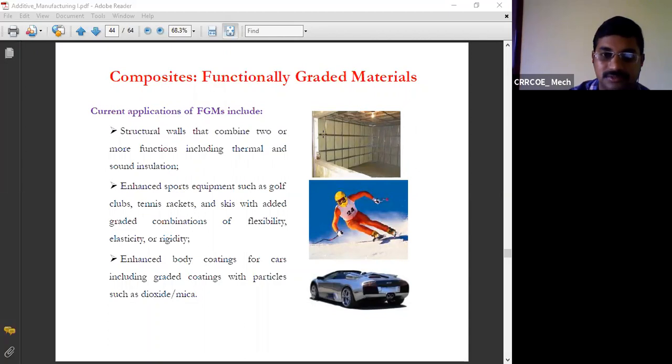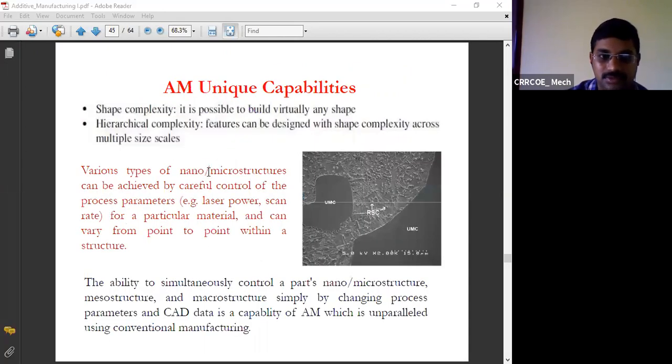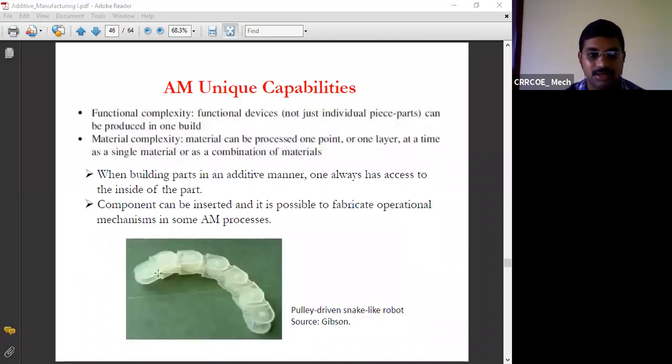AM sample: a fully driven snake-like robot. This is one of the robots they have produced using the AM process.